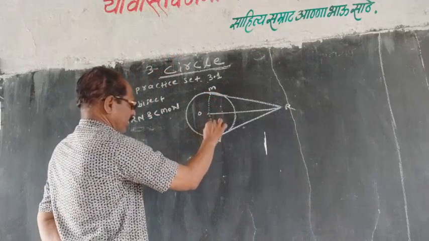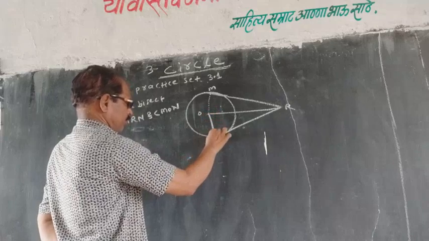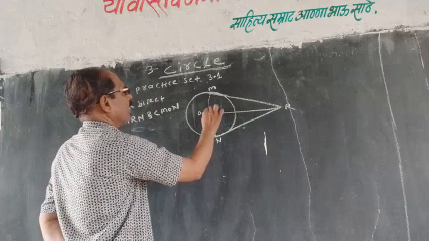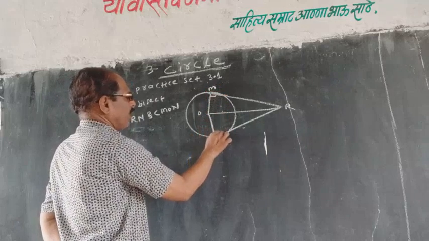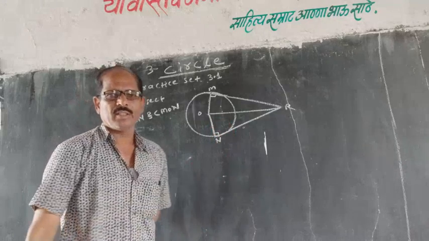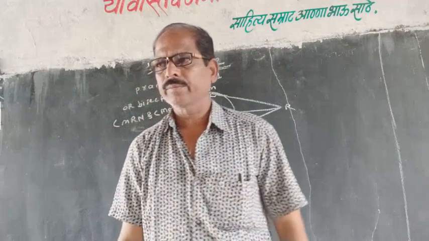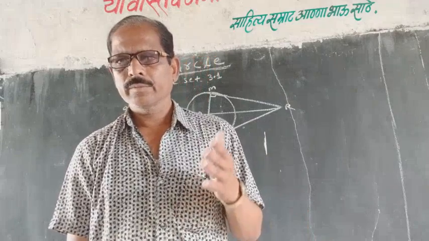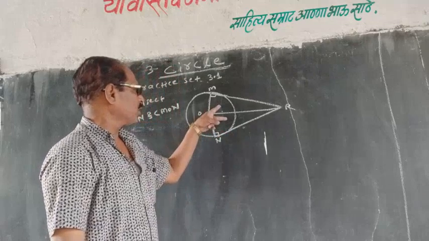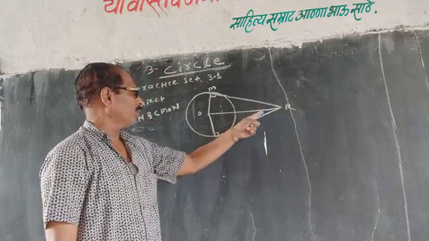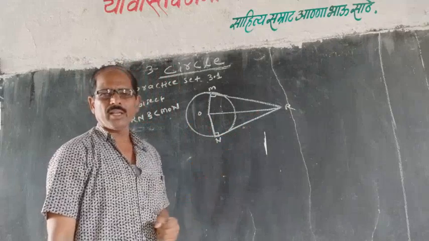Draw a radius at the contact point. The measure of angle M and angle N is 90 degrees. We get two triangles, triangle OMR and triangle ONR.